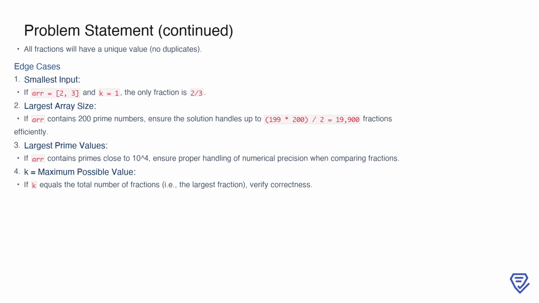Additionally, when the prime numbers in ARR are close to 10^4, the solution must ensure that numerical precision is maintained when comparing fractional values. Lastly, when k is the largest possible value, meaning we need the largest fraction, the solution must still produce accurate results. These considerations ensure robustness across all input scenarios.